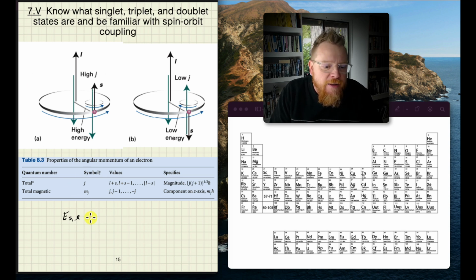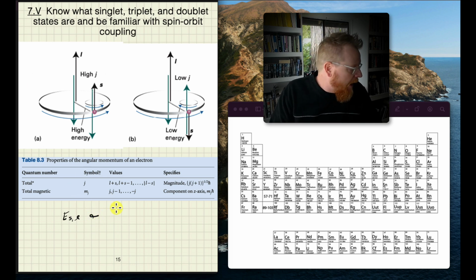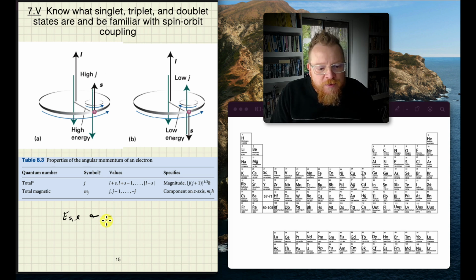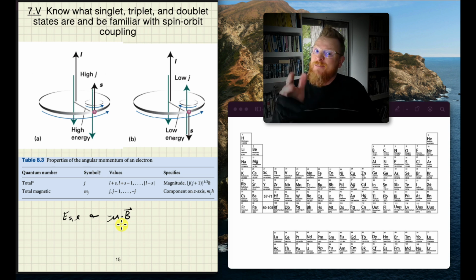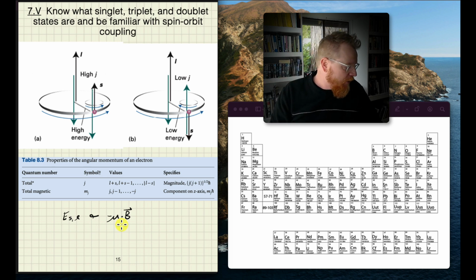It is proportional to some dipole moment created in this situation, multiplied by the resulting magnetic field, the magnetic field generated by spinning an electron.